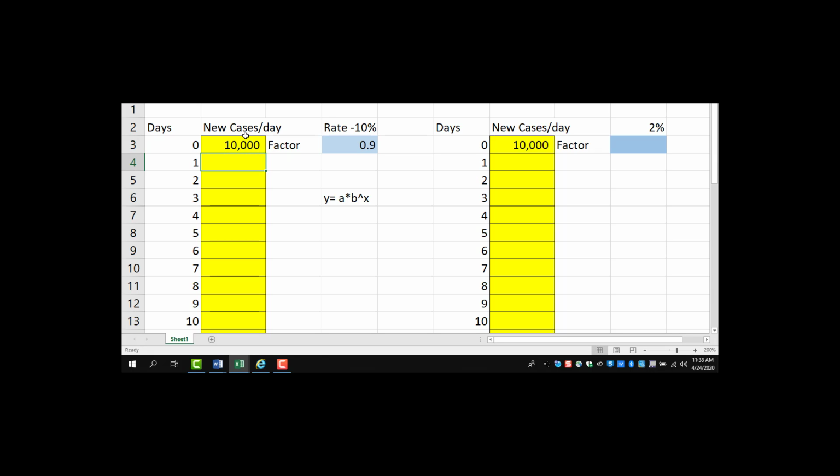So if there are 10,000 new cases a day and it starts decreasing by 10% per day, here's what would happen. Y equals initial value, which is locked, times my rate, which is locked, raised to the A4.